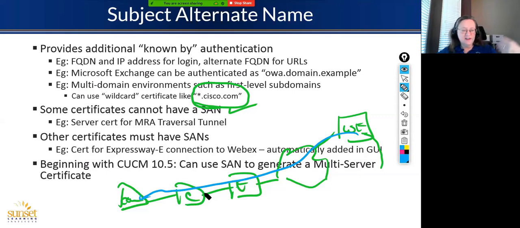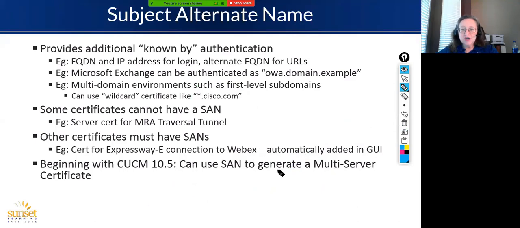So they're effectively an on-prem phone, but still part of WebEx itself, the WebEx Teams client. In a case like that, you have to have certain SANs, and they have to be in certain ways in order to do this external e-certificate. The nice part is, in that particular case, when you're building it, you tell the system, hey, I'm generating a WebEx hybrid certificate, and it puts the SANs in there for you, which is kind of nice. And I did just show you the multi-server certificate.